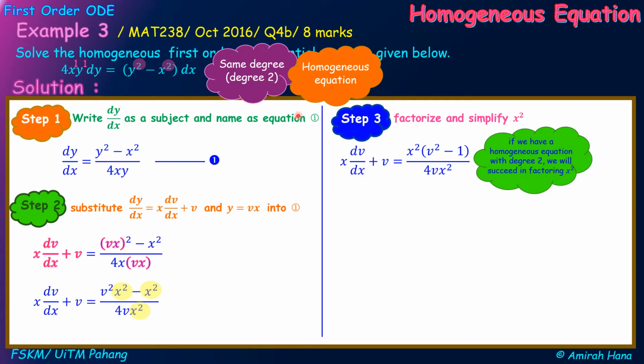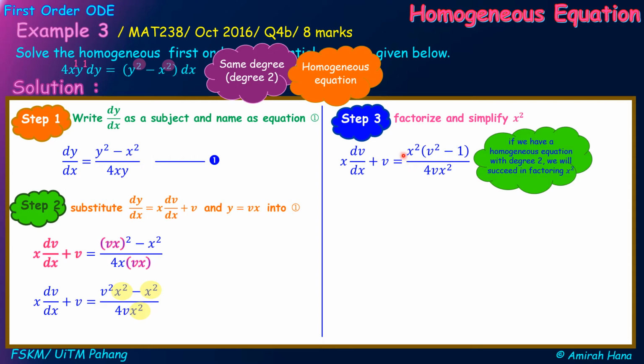If we have a homogeneous equation with degree 2, we will succeed in factoring x squared. If, let's say, we have a homogeneous equation with degree 3, we will succeed in factoring x cubed. So that's the pattern when we solve homogeneous equations under first order ODE.